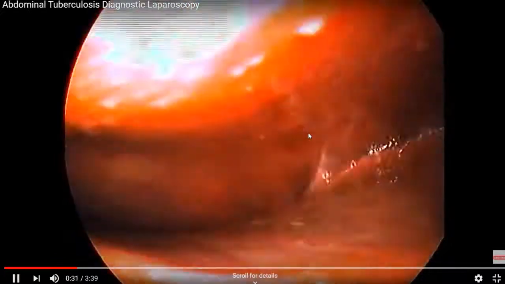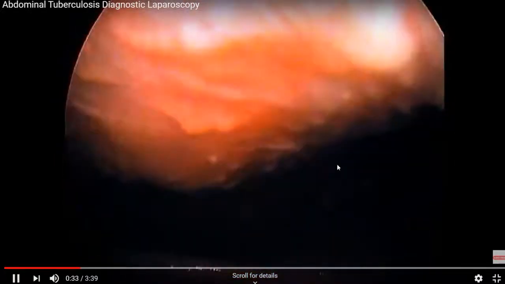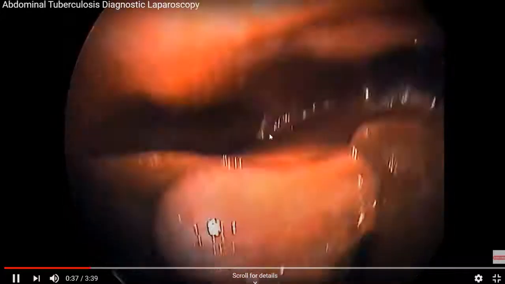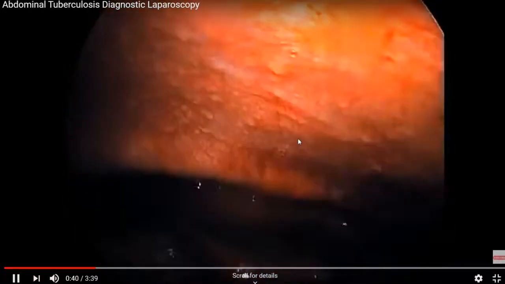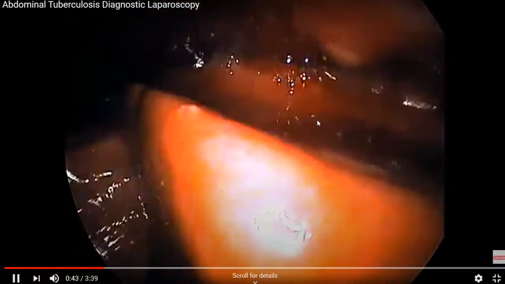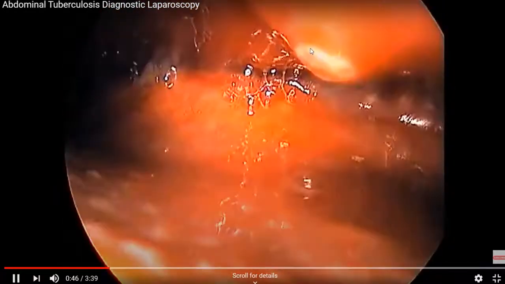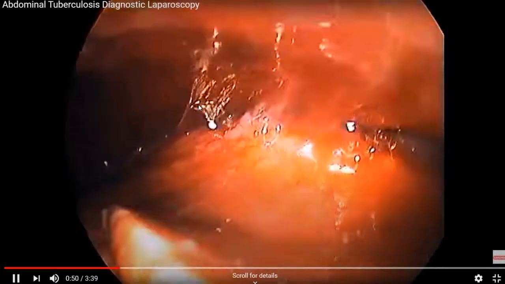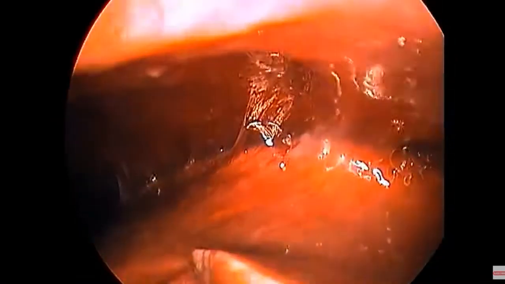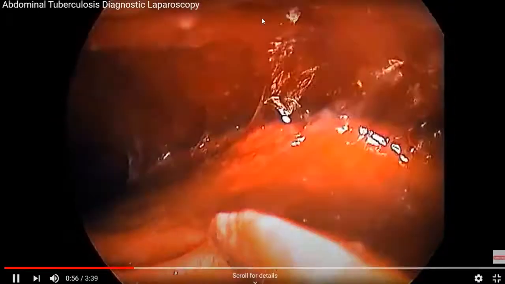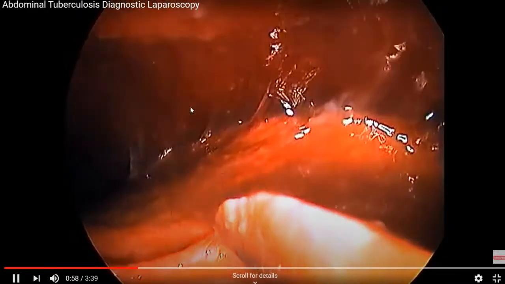This is the perihepatic fibrosis, the perihepatitis, the adhesions. Again, the multiple small nodules, whitish patches. If you can see this white, the larger one, these are tubercles, the colonies of Mycobacterium tuberculosis.